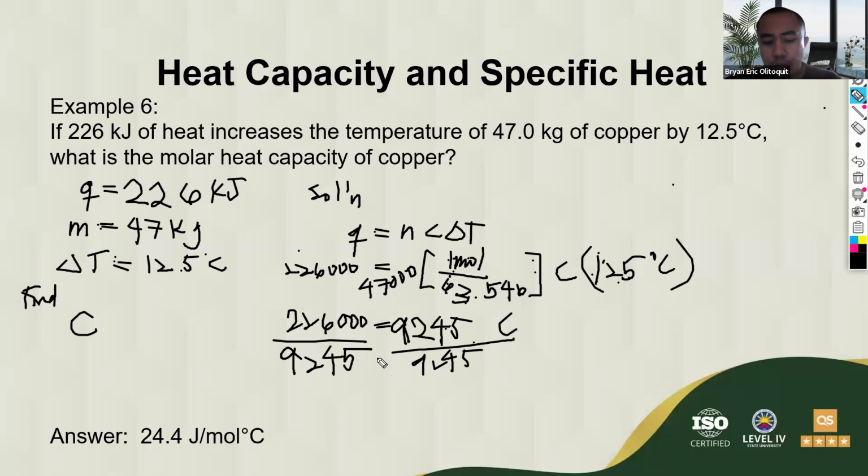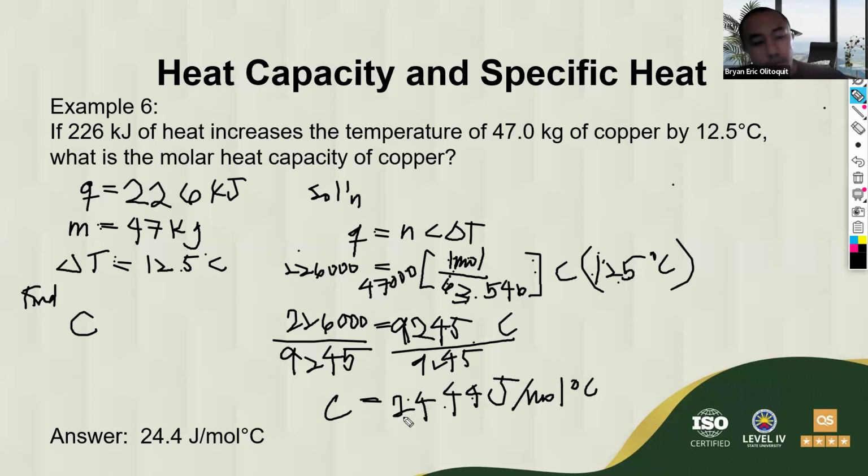So 226,000 divided by the answer you have. Now, the value of C, the specific heat of copper, is 24.44 joules per mole degree Celsius. So that is also equivalent to the answer we obtained. Okay?